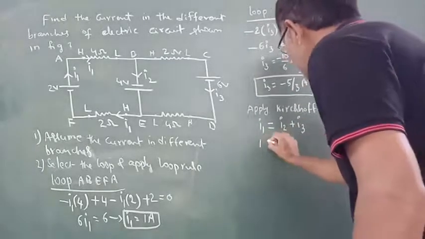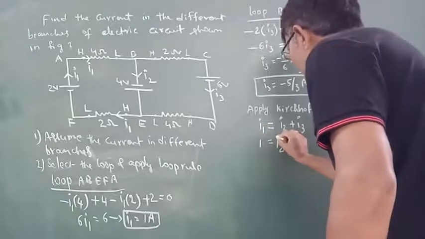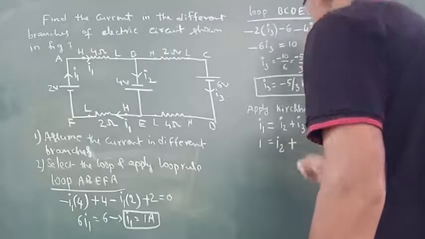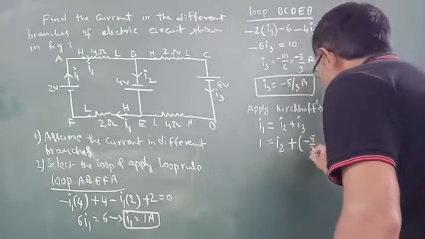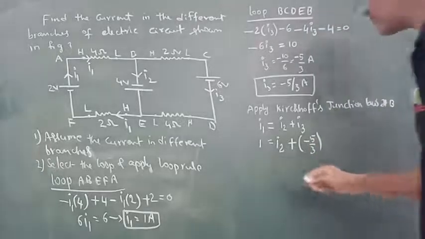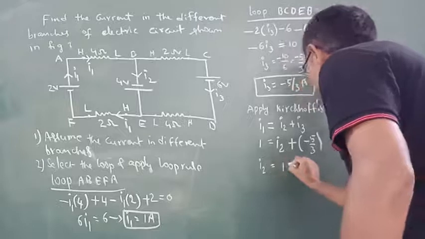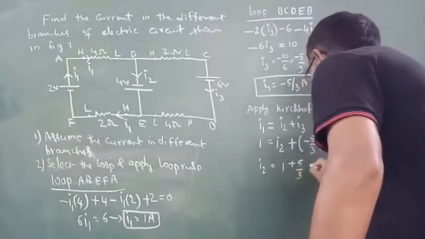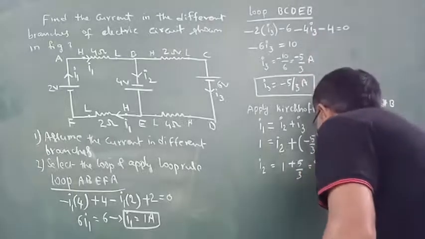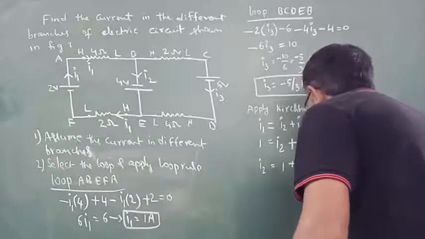Now substitute the I1 and I3 values in this equation. 1 ampere is equal to I2, which is not known to us and is to be calculated here, plus I3, which is minus 5 by 3. Now I2 is equal to 1 plus 5 by 3, that is equal to 8 by 3 ampere.